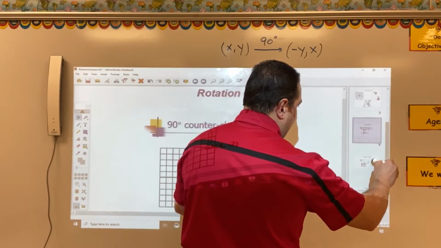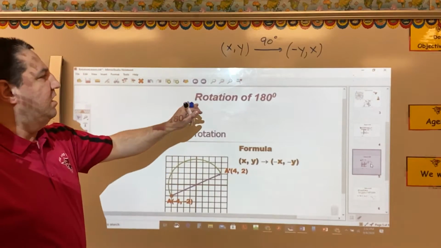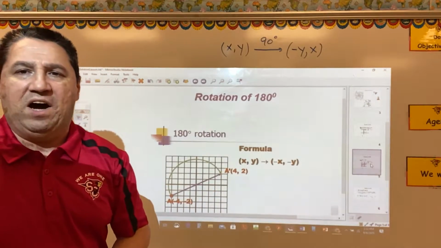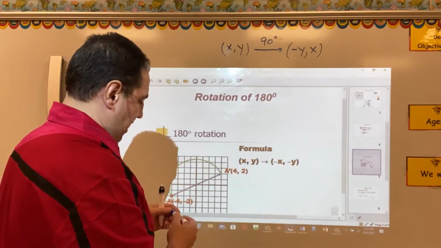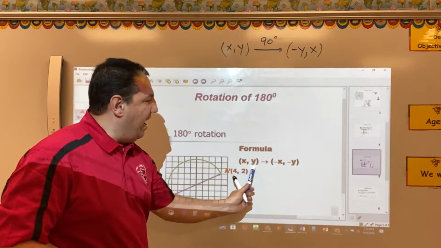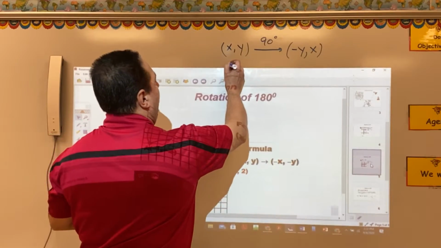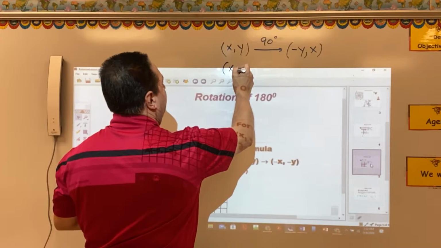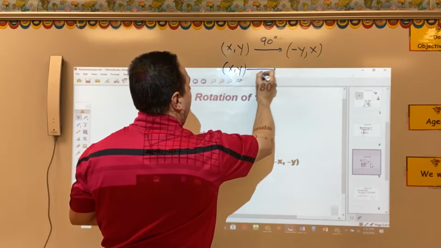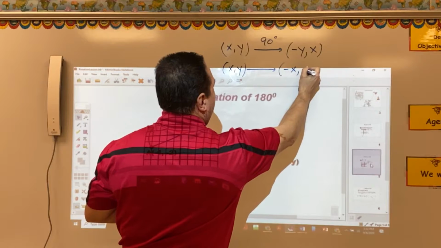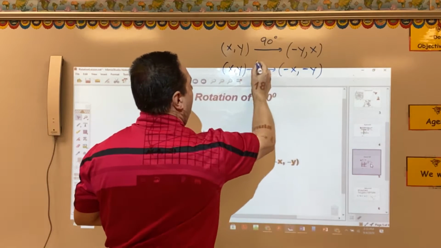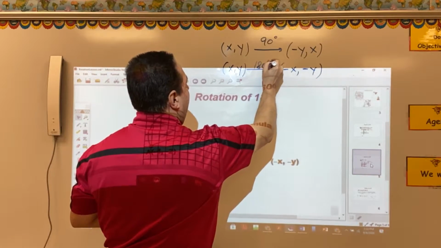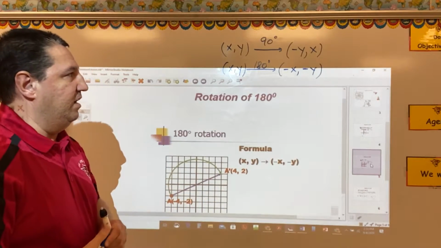Next, another type of rotation is a rotation of 180 degrees. In this case, we have this rule. So let's write it on. (x, y) becomes (minus x, minus y). This is the rotation of 180.